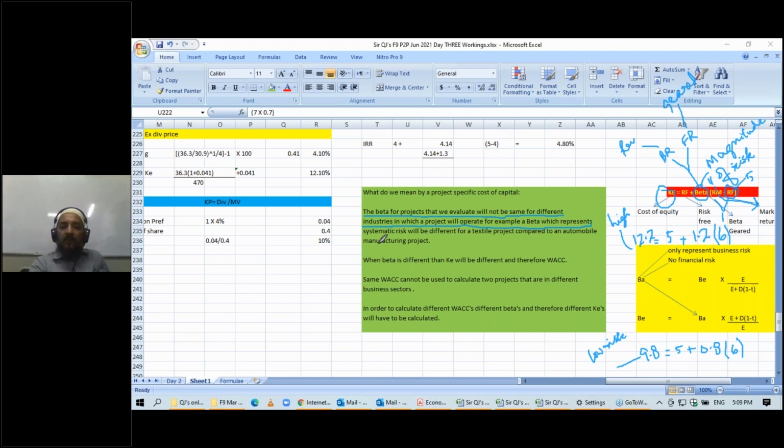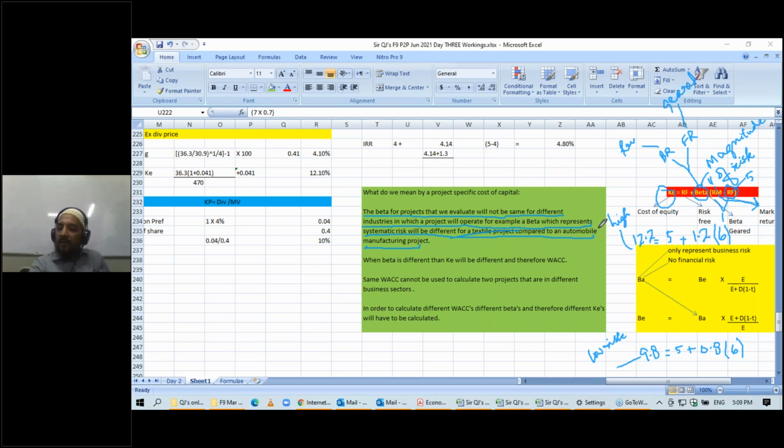For example, a beta which represents systematic risk will be different for a textile project compared to an automobile manufacturing project. Why? Because the automobile business is different and the textile project is different. The risk will be different.